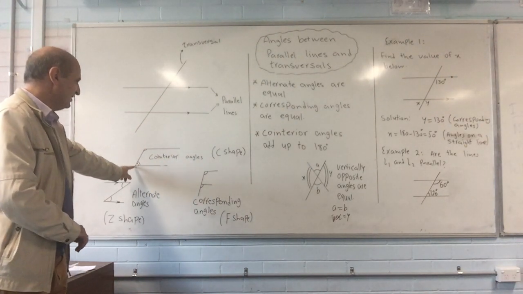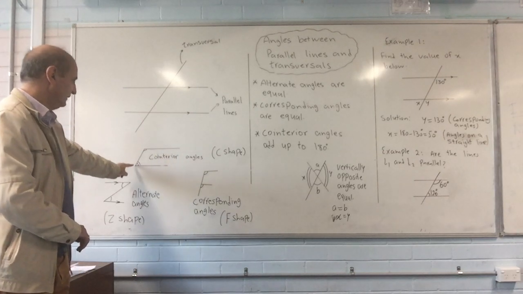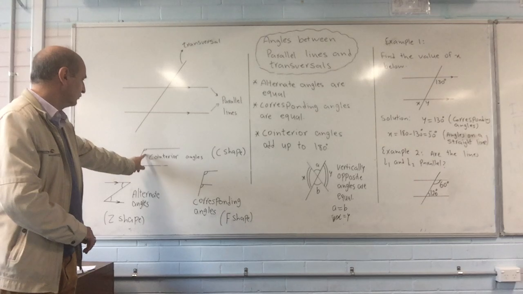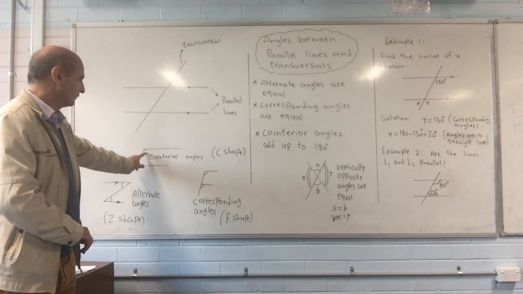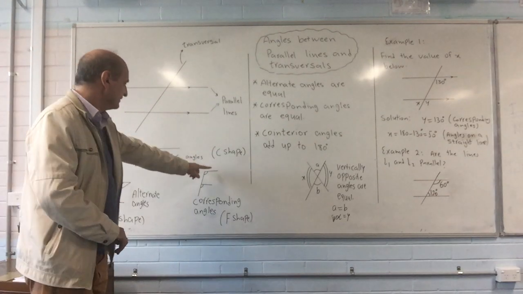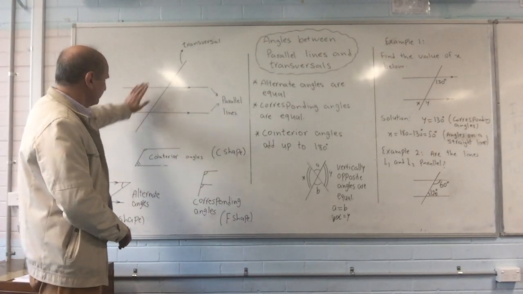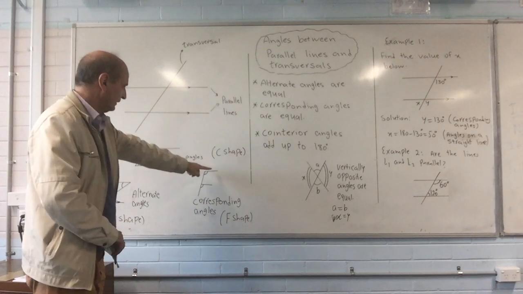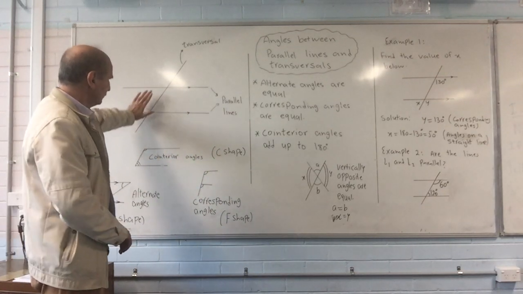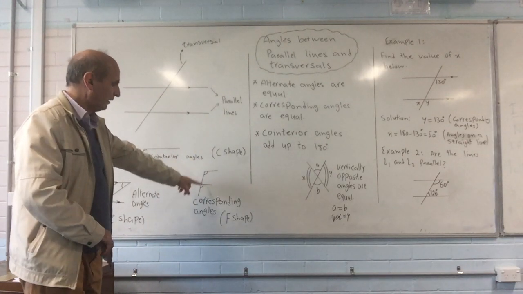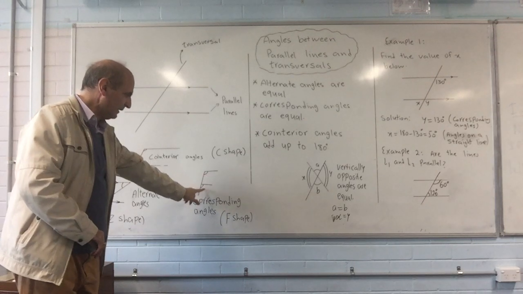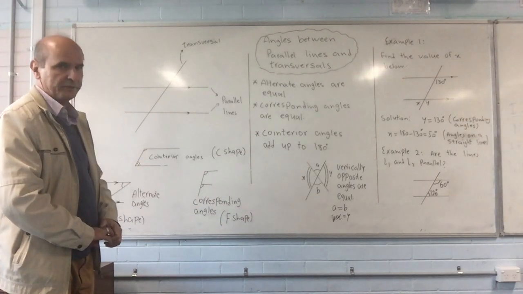They form a C shape, similar to the C shape in English, and these two angles are called co-interior angles. If you take this bit, which I've done here, so this and then the transversal and this part up to here, then you end up with an F shape, and these two angles that you have here are called corresponding angles.